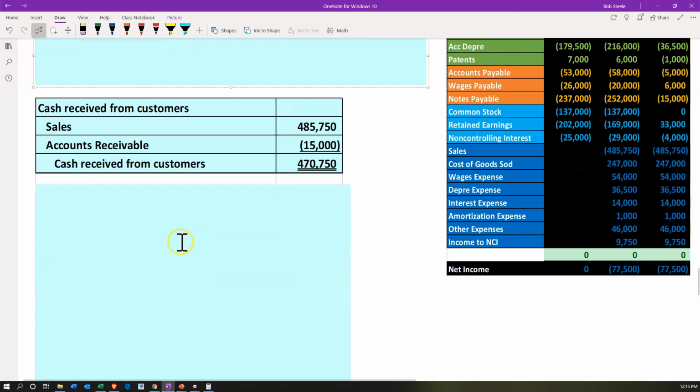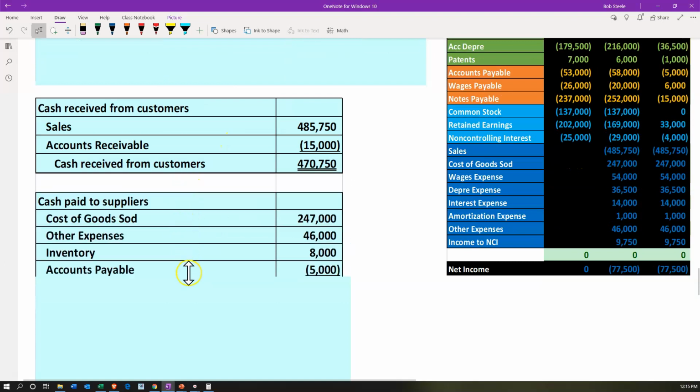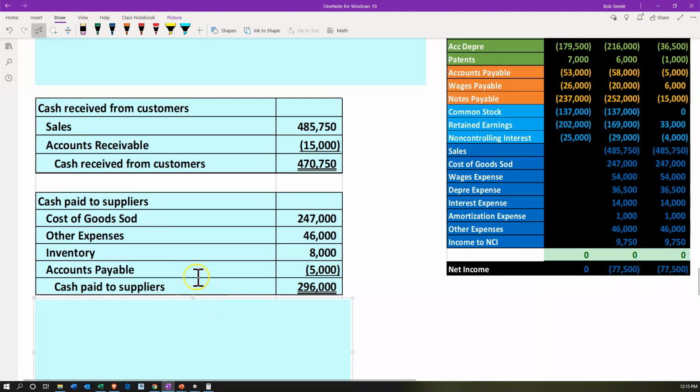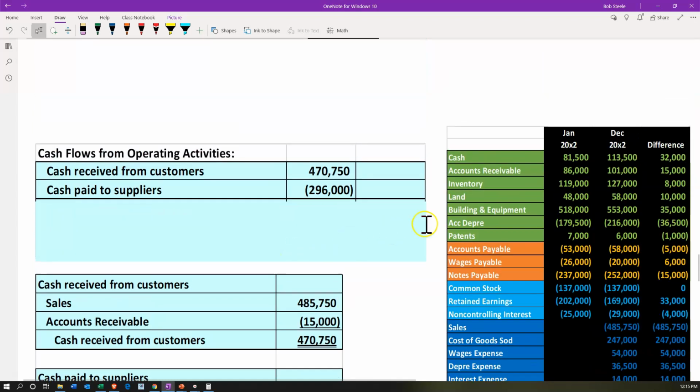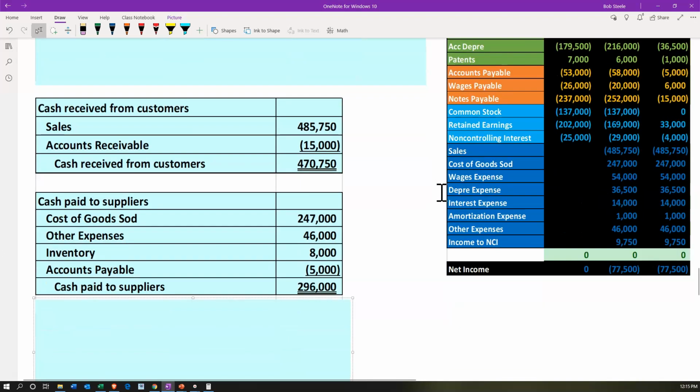Cash paid to suppliers. We could do a similar type of worksheet down here. There's going to be more things involved. For cash paid to suppliers, we're going to think of the cost of goods sold account included here, and the other expenses will be included here. Then the inventory, which is an asset account up top, is going to be included in this cycle, the change.